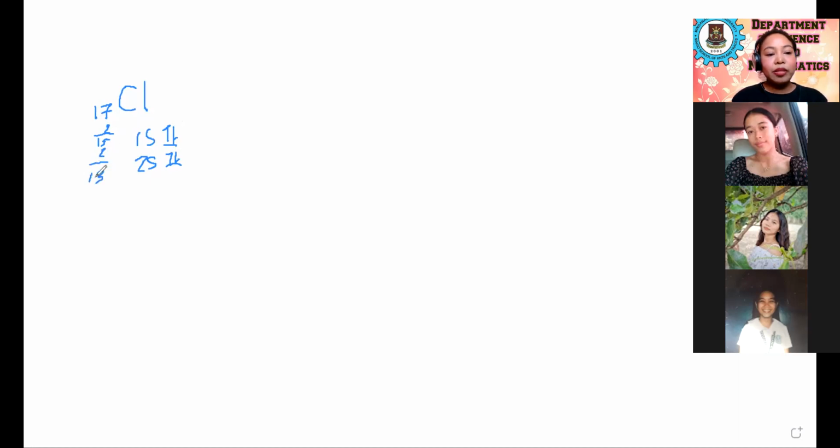Since we have 13 electrons, we have the next energy level, which is 2p. p has 3 degenerate orbitals: the negative 1, the 0, and the positive 1. Since they are degenerate orbitals, we put one electron in each first.